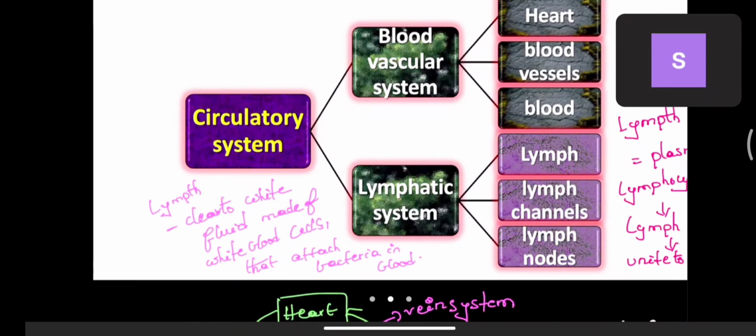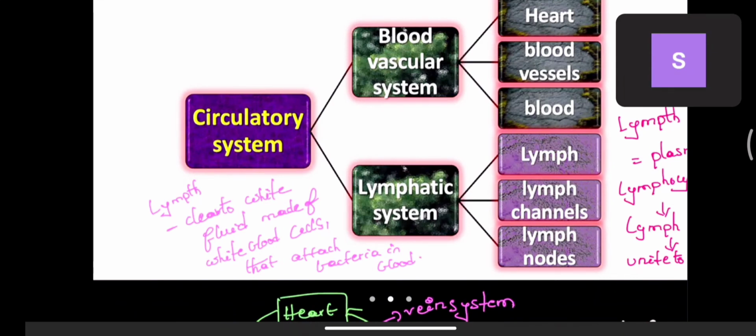This leftover blood is called lymph. Understood? The blood which is remaining, which is not carried by the veins, we can call lymph. This lymph is separately collected by another system called the lymphatic system. Blood has many components: WBCs, RBCs, neutrophils, basophils.